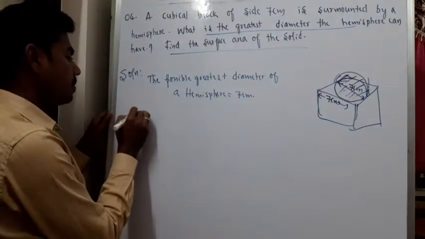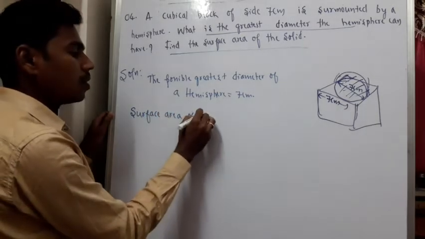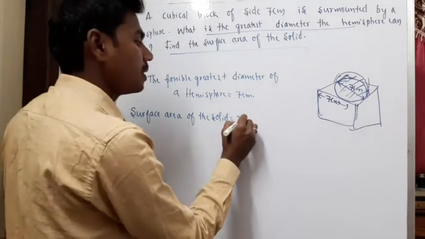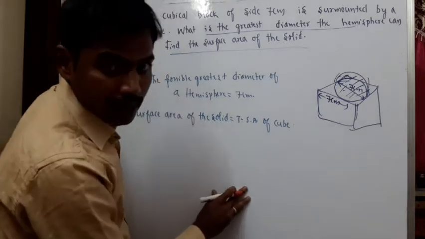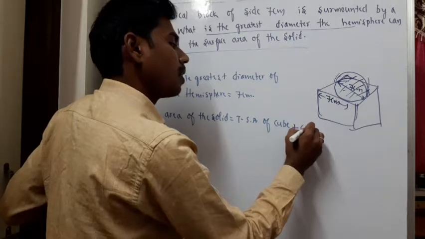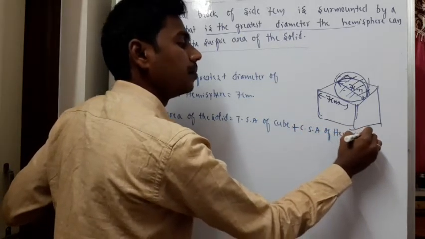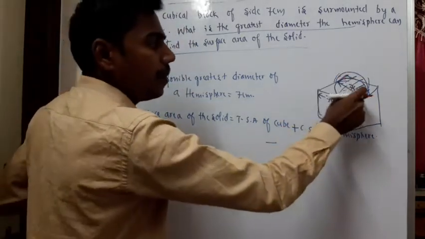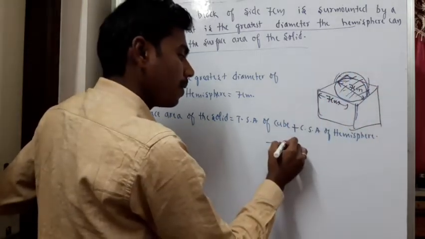Surface area of the solid is equal to total surface area of the cube plus curved surface area of the hemisphere minus, what is this area? I need to remove this circular area, which is equal to pi r square.